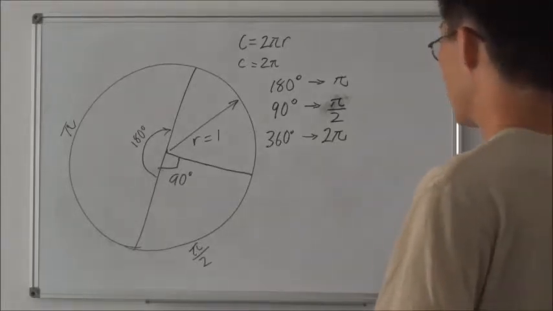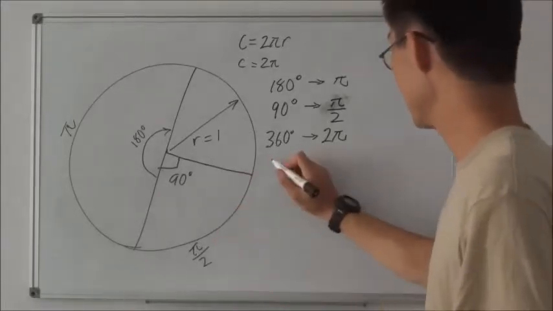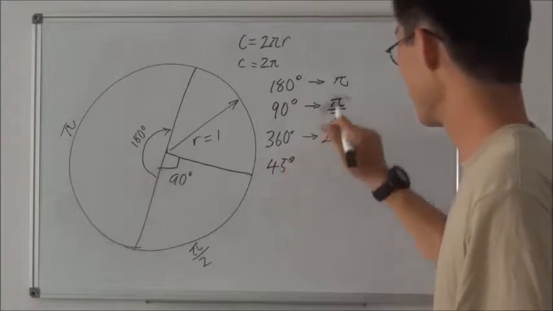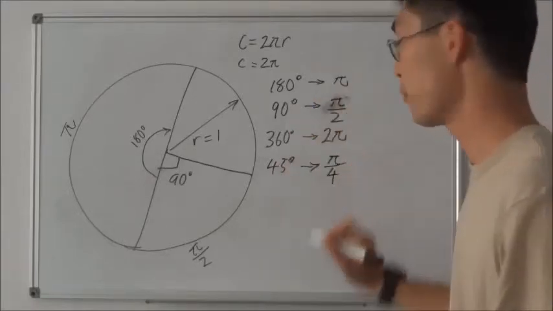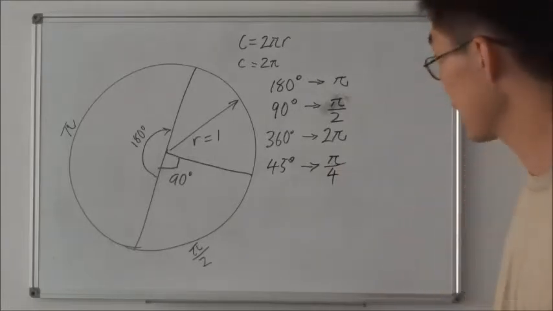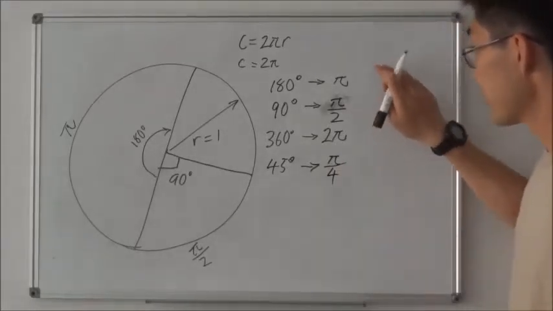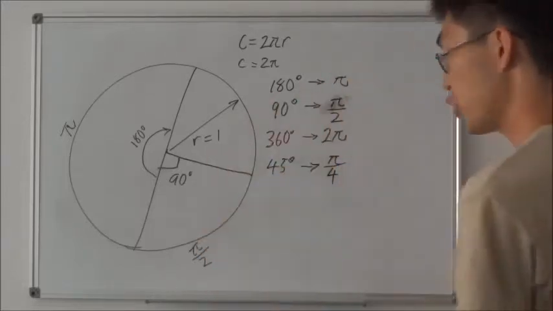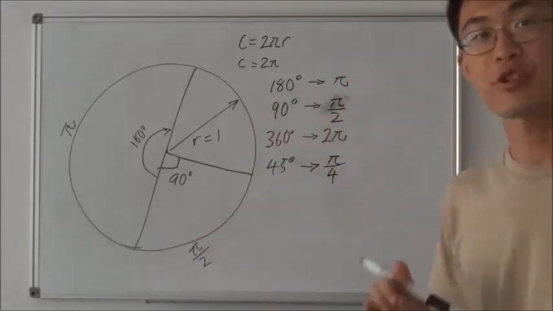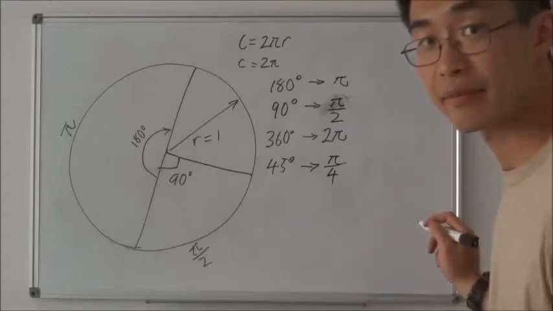So we can even go further. We can say that 45 degrees, because it's half of 90, would correspond to a quarter of pi. And this correspondence relationship, when moved out of the unit circle, we introduce a new unit called the radian.